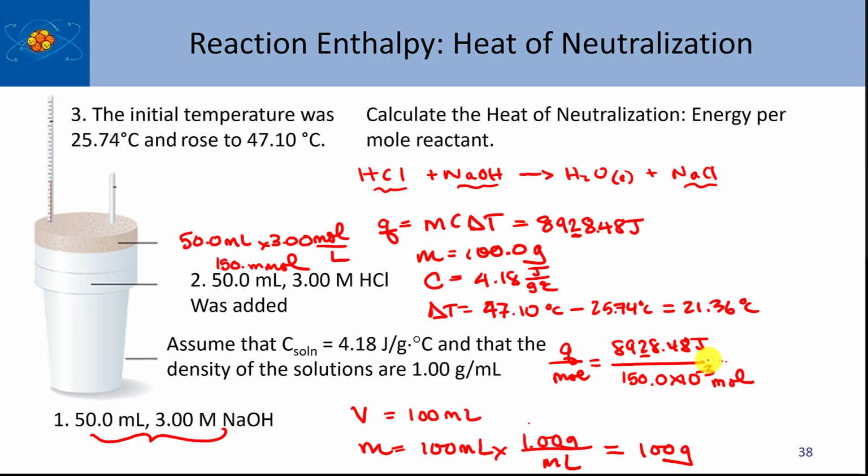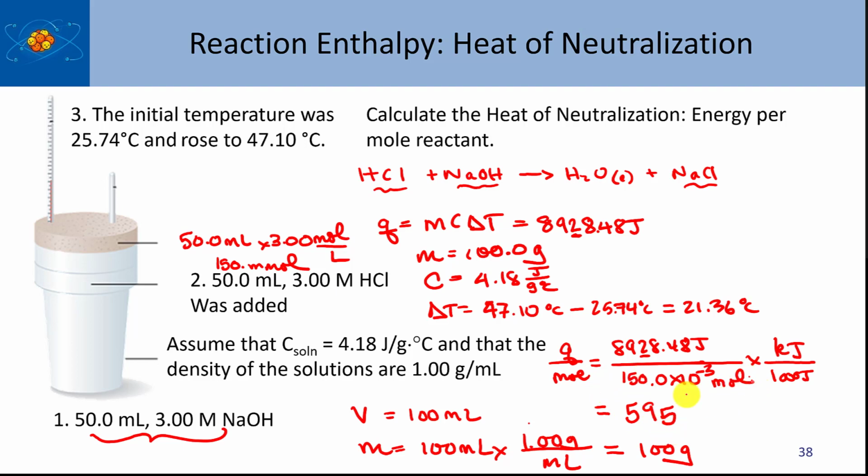And then usually, although it doesn't say to do it in this problem, usually these are done in kilojoules. So we'll do 1,000 joules, or 10 to the third joules, per kilojoule. So when I run that calculation, I'll get 59.5. See, how many sig figs did I have?